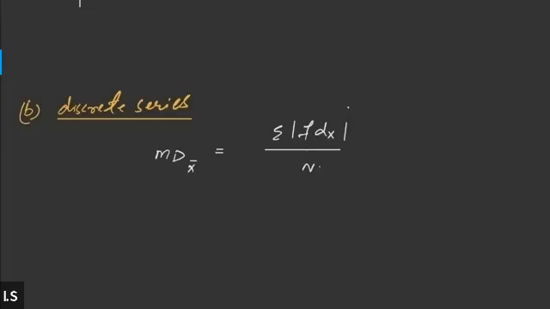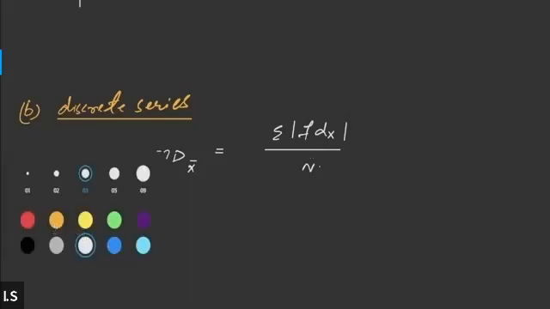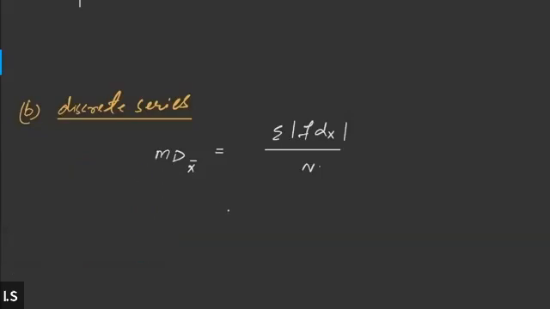The only thing is that in the previous session I just forgot to tell you that this will be in the absolute terms. So everything else is the same. Sigma f dx absolute divided by n. Now, earlier while solving the mean deviation using the median method, we used to calculate dx as x minus median.